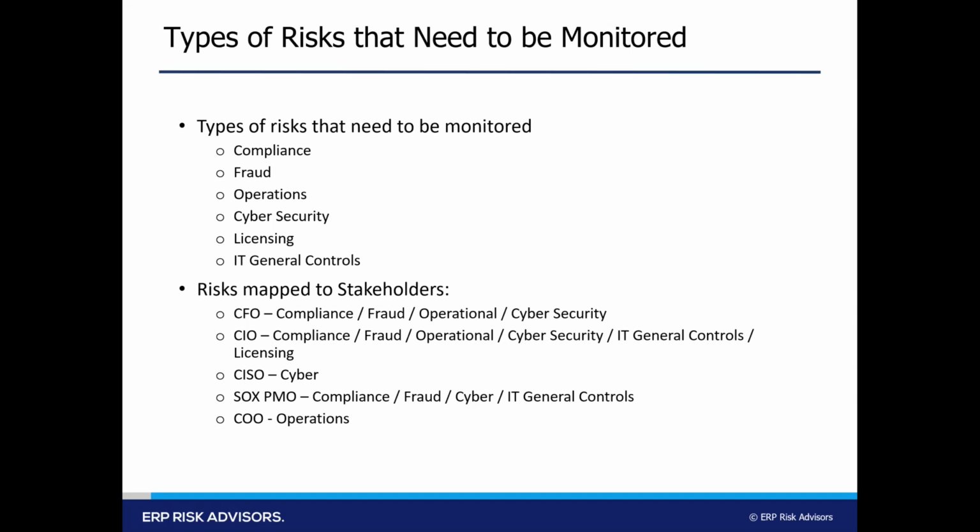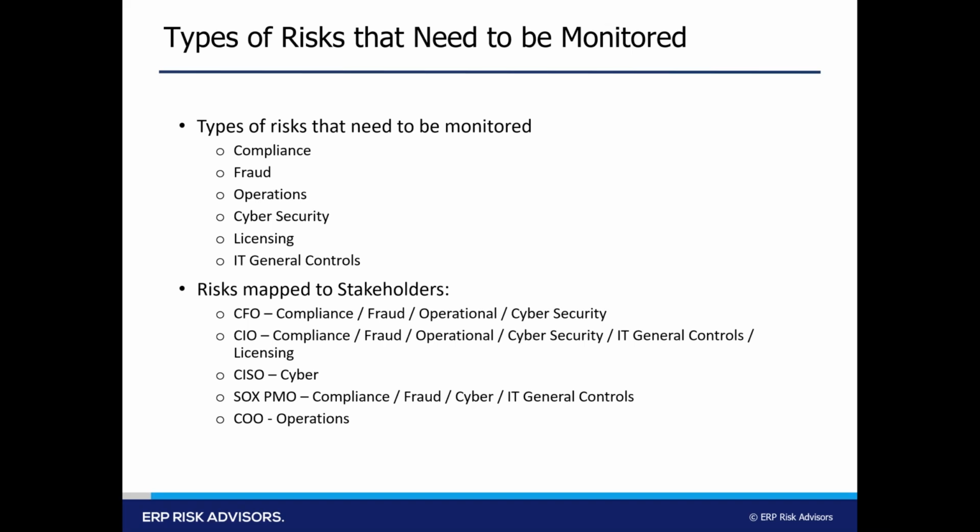But there are a lot of other reasons to test access controls. Fraud below the materiality level, or what we would call sub-material fraud, is definitely something that should be monitored on an ongoing basis. So kind of lower-level fraud that wouldn't rise to the level of materiality that Sarbanes-Oxley would require.